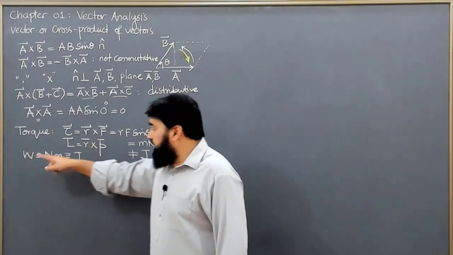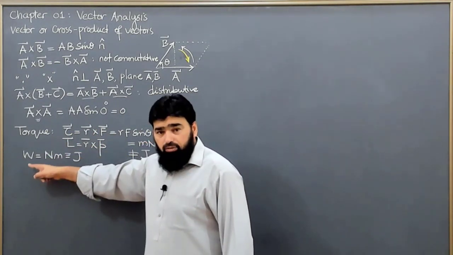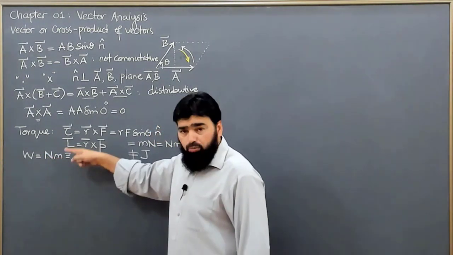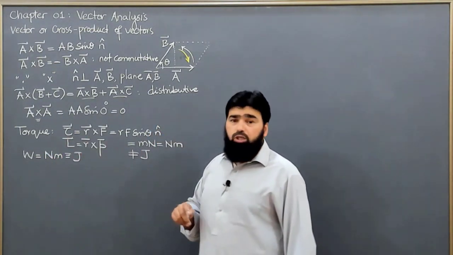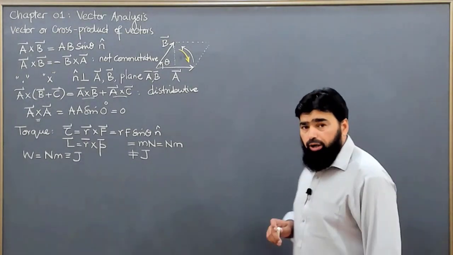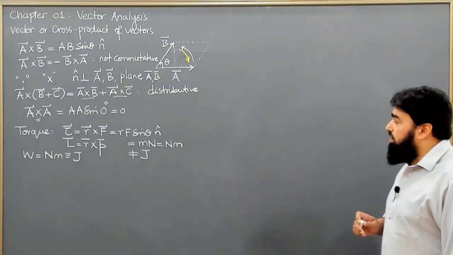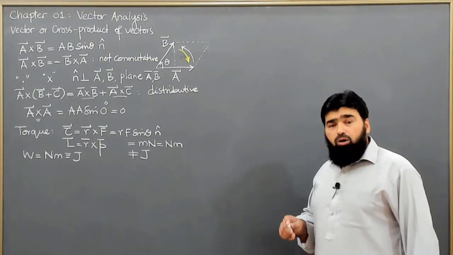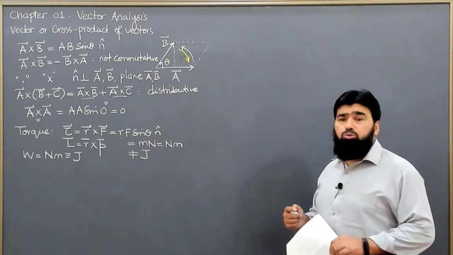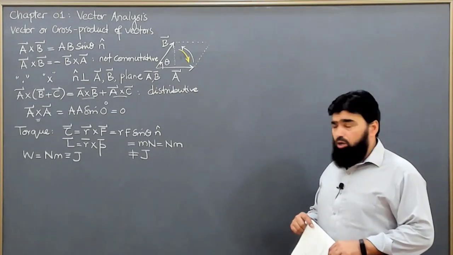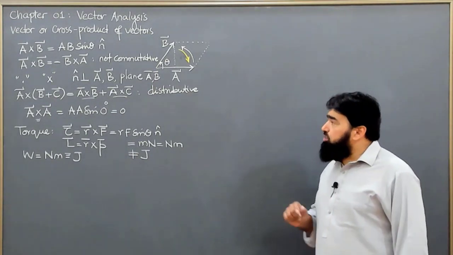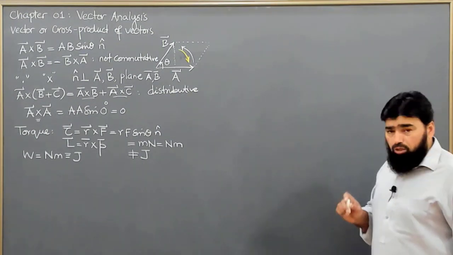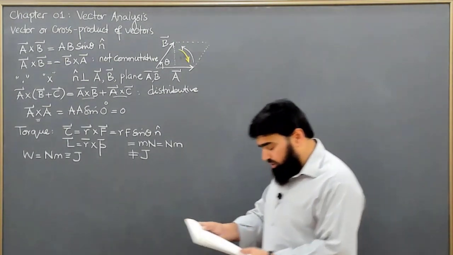If it is work, it's a scalar quantity and a translational property, and we will use the dot product. So it depends on the nature of the physical quantity, the result of the interaction of two other physical quantities, and based on that we decide whether to use dot product or cross product.